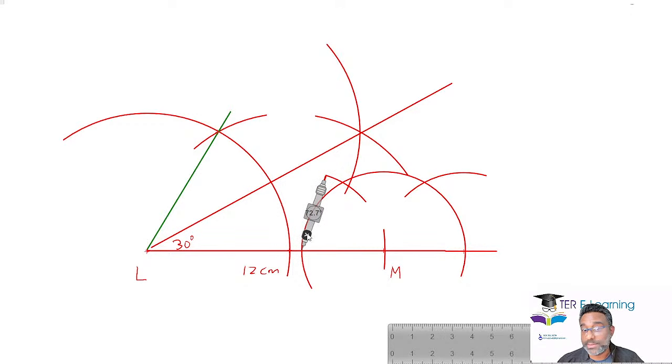We're not done yet. There's one more step that we need to do. Bring your pointy part to this end here, and you're going to draw an arc again. Right, and your final step is this.